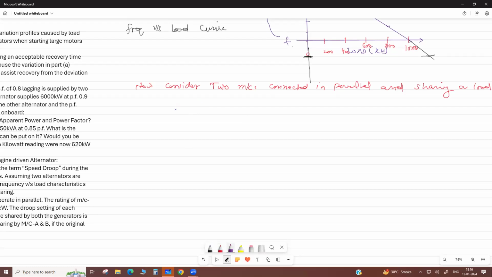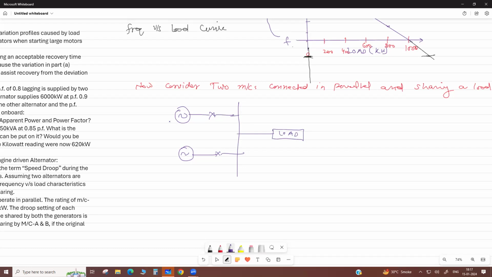Now let us say there are two machines, machine 1 and machine 2, of the same capacity. They are running in parallel. They are connected to a parallel bus and they share a common load, this total load.